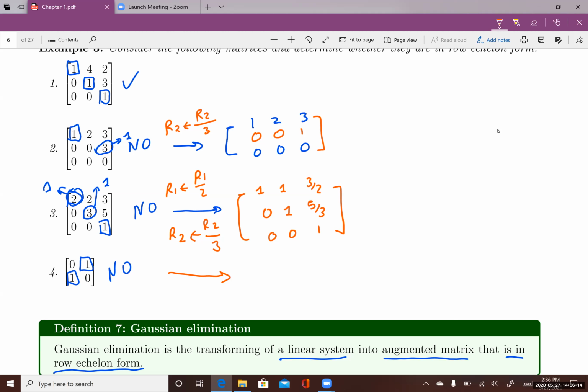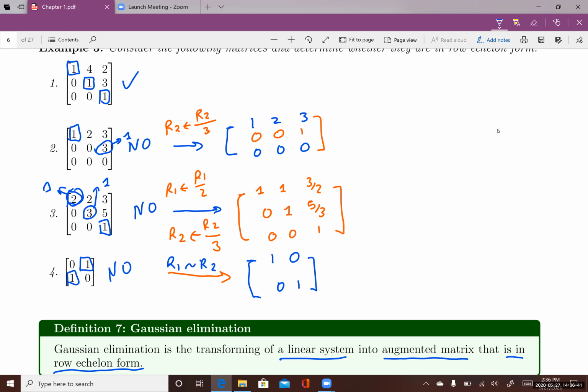And the last matrix we want to do, the leading entries are in good shape because they are both 1, but the order is a bit backward. In order to fix this, we just need to use the row operation where we interchange the 2 rows. So after interchanging row 1 and row 2, we have 1, 0 as the first row and 0, 1 as the second row.